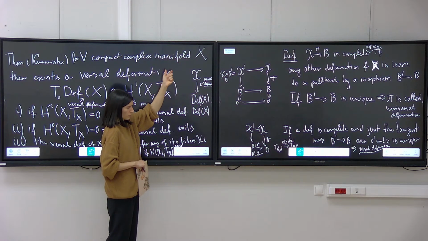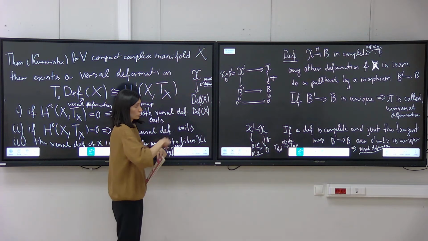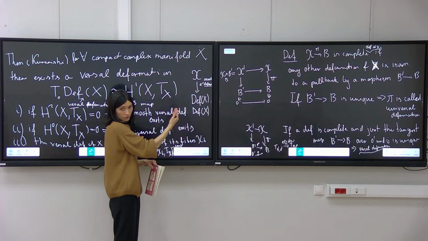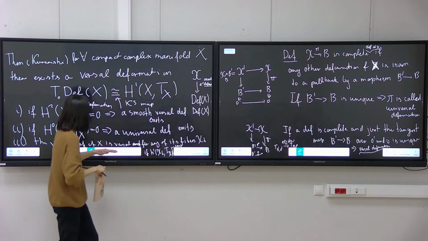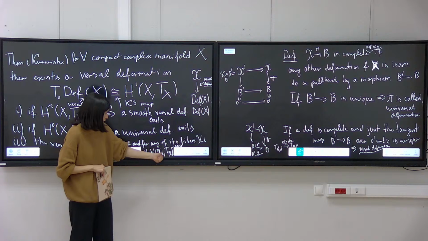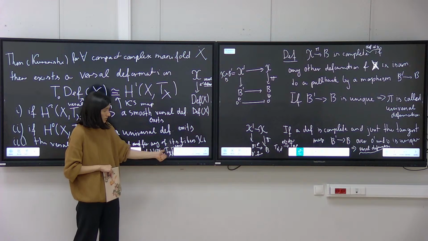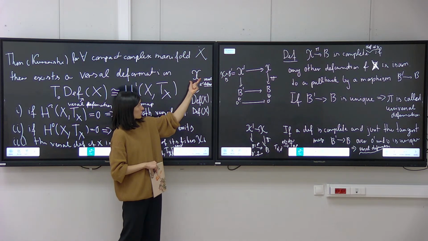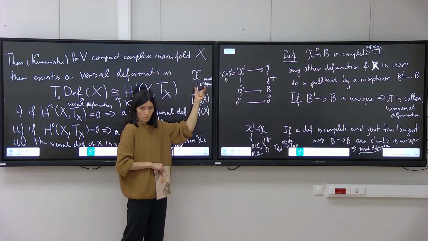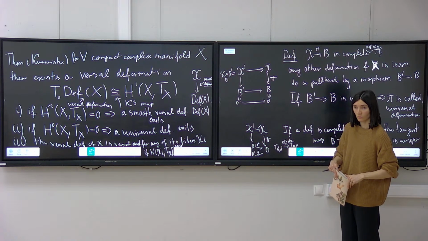And for these fibers, we also have a deformation, because we deform X, and in particular we deform other fibers that are near X. And the claim is the following: if the dimension of the first cohomologies of the tangent bundles to these fibers is constant, then this deformation is also versal for these nearby fibers, in a small neighborhood where this dimension equals that at the distinguished point.